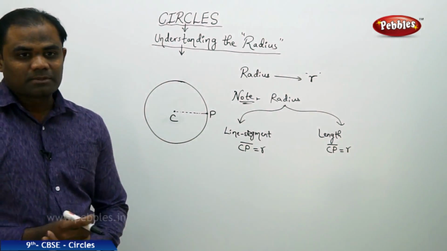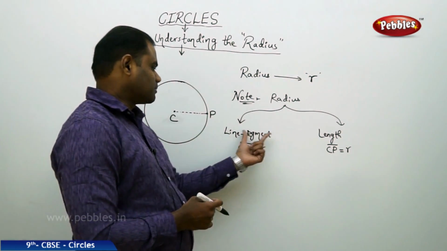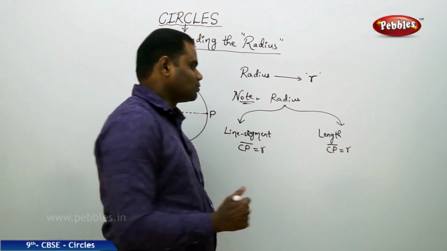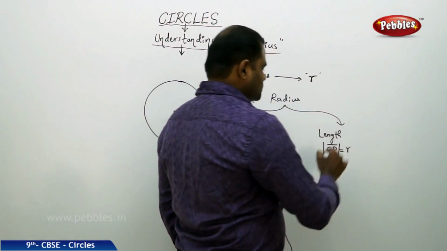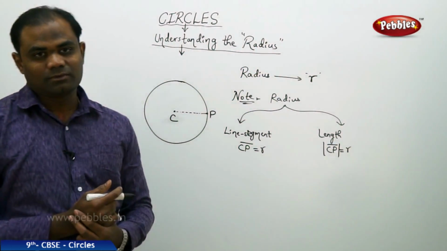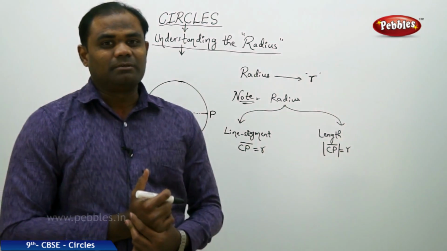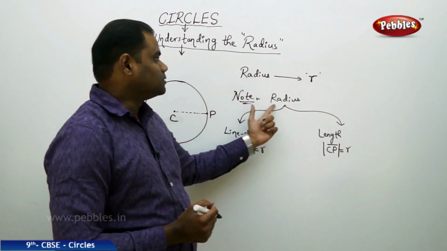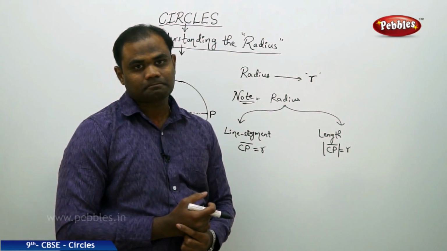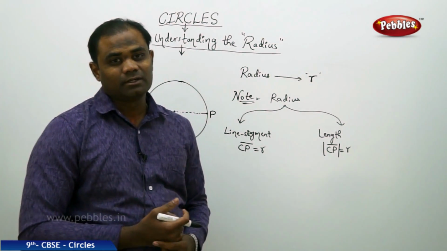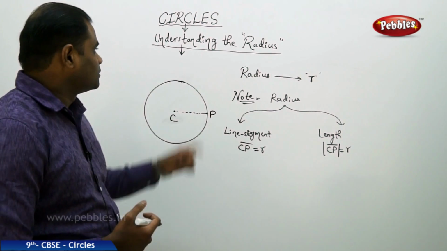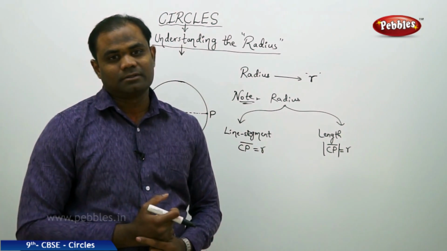So the two ways of representing radius, one is through the line segment CP, which is r, and one is through the length, which is mod CP, equal to r. But both mean the same, and radius is generally denoted by r. That is how we understand the radius.